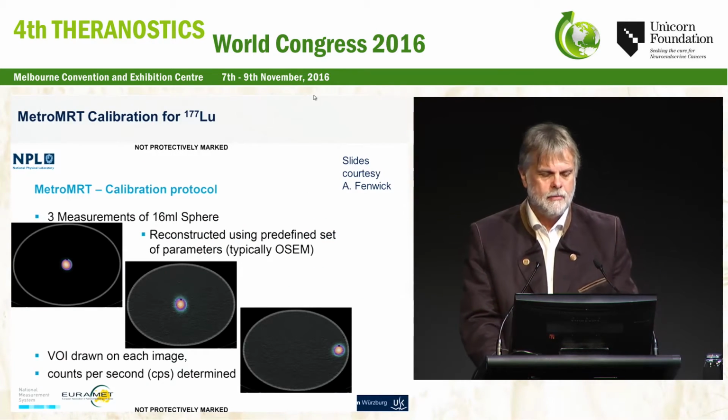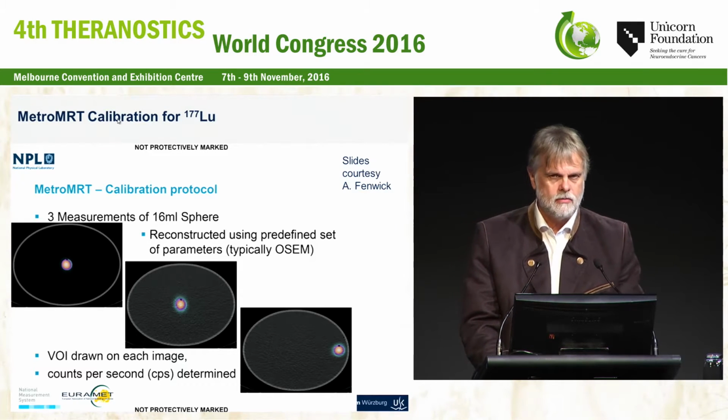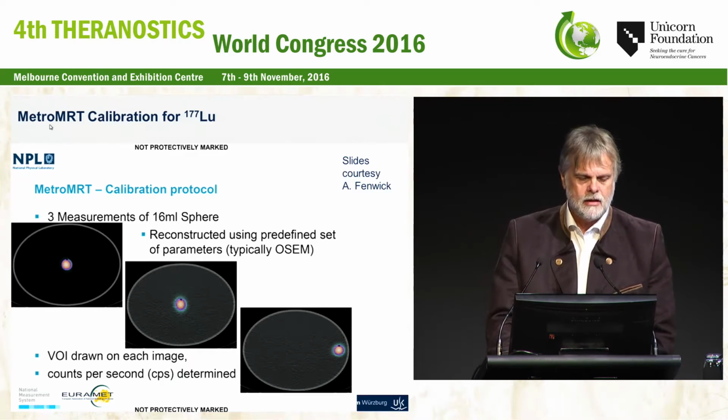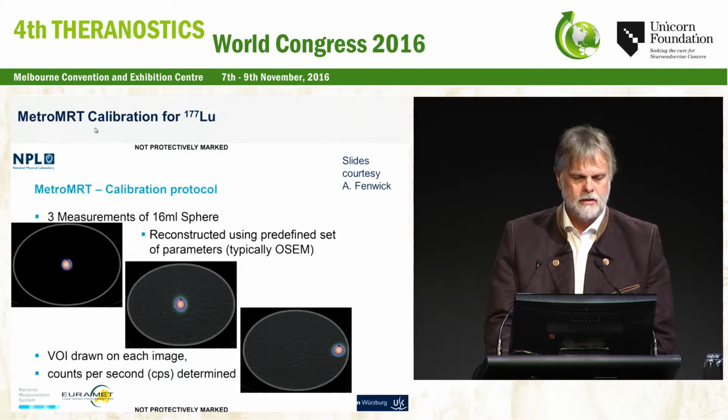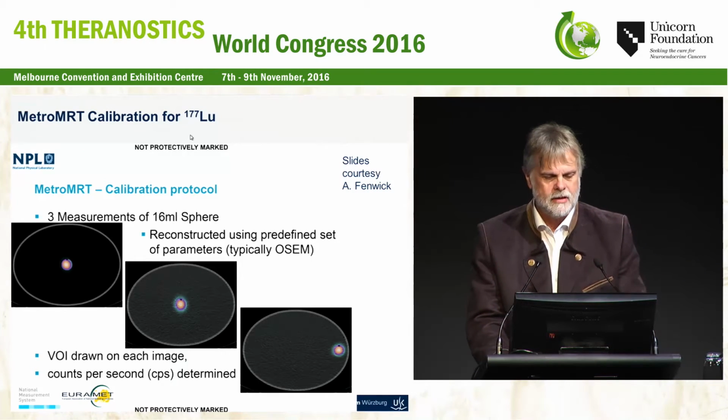Calibration for gamma cameras is an issue, and I just like to turn your attention to a project that was led by the National Physical Laboratory in England, by the Metrology for Molecular Radiotherapy, for calibration for lutetium-177.